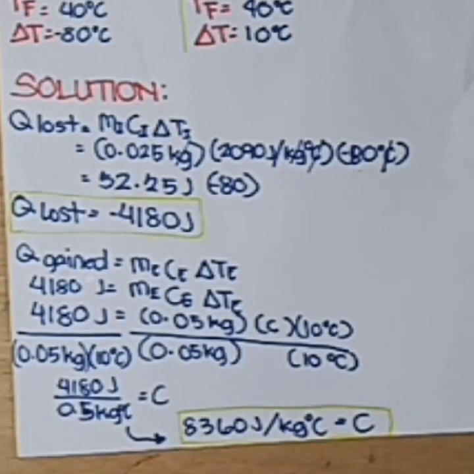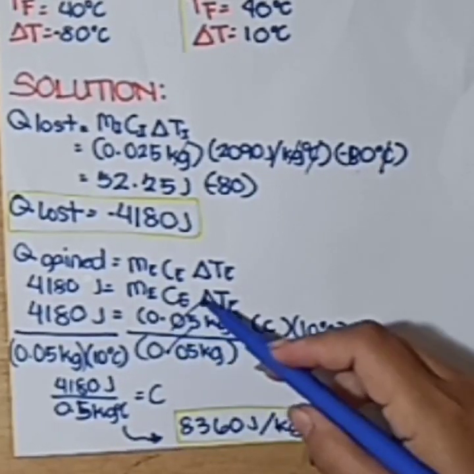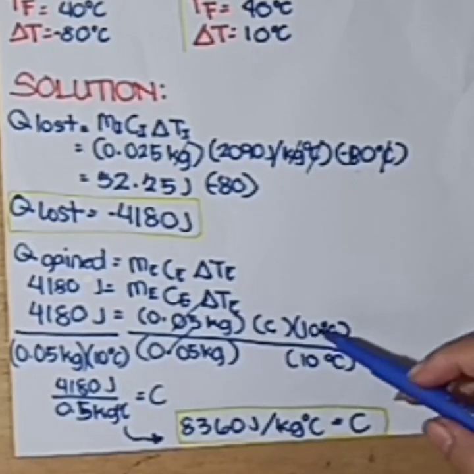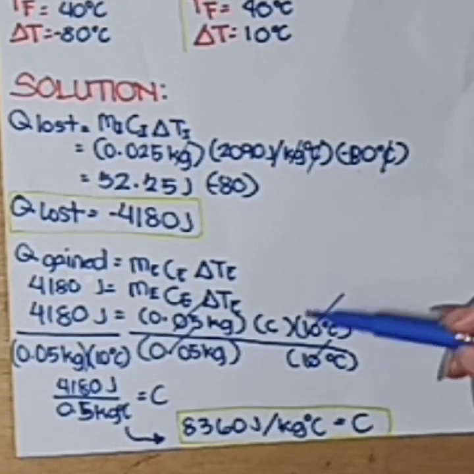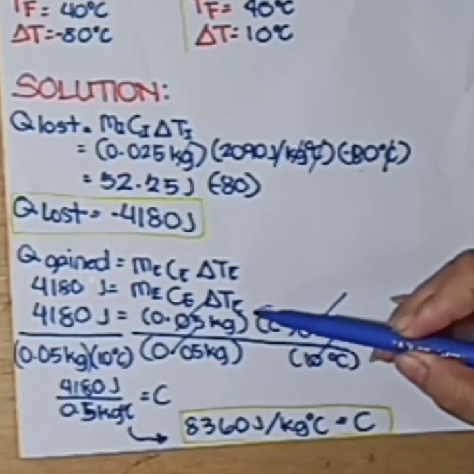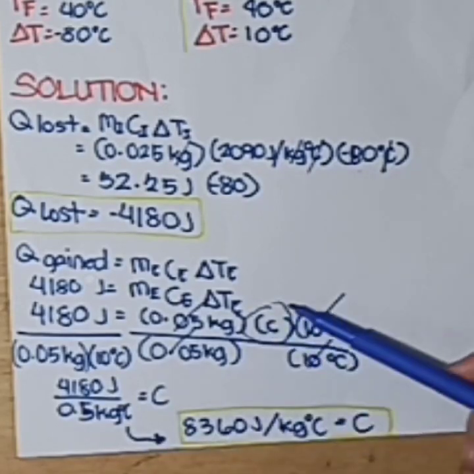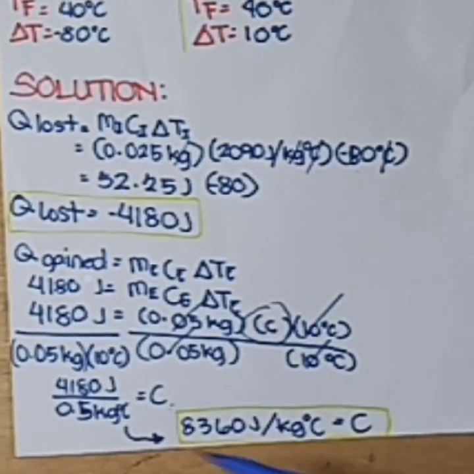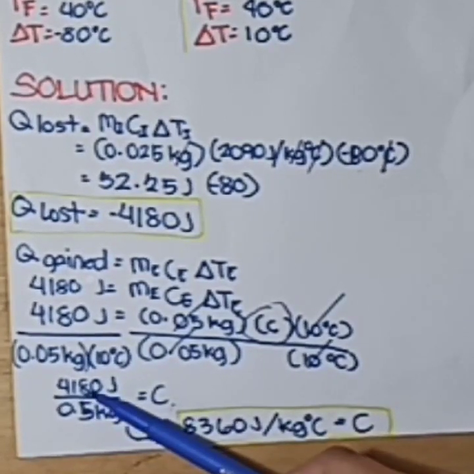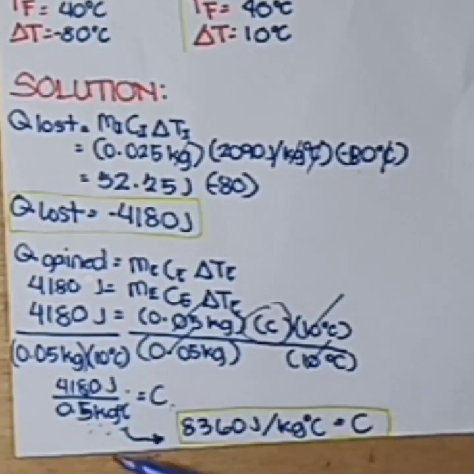So we are going to cancel here the mass and the change of temperature, and the remaining is the specific heat. So we have only specific heat. So we're going to divide the 4,180 joules by 0.5 kilogram degrees Celsius, and we have here the answer.